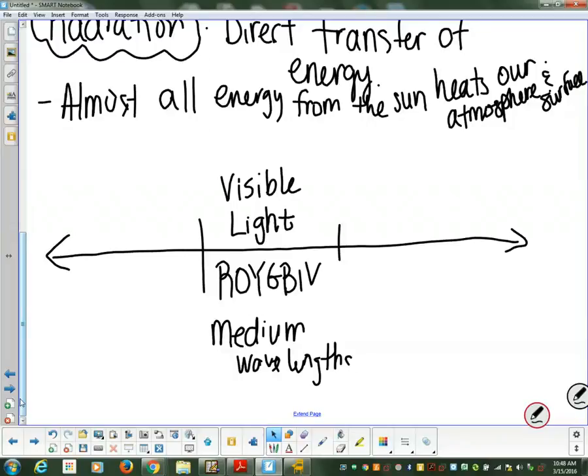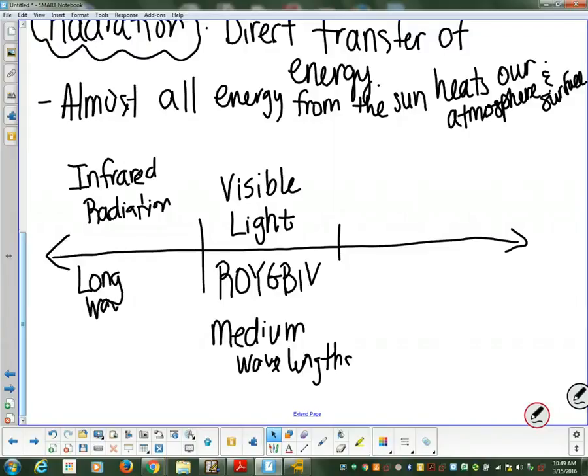So that's one way that we get radiation from the sun, all right, through visible light. Another way that we experience it is through infrared radiation. And these have long wavelengths. Okay, so they have long wavelengths. What is that standard medium? Wavelengths.